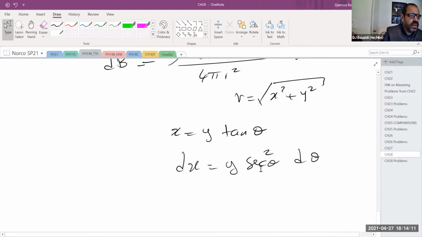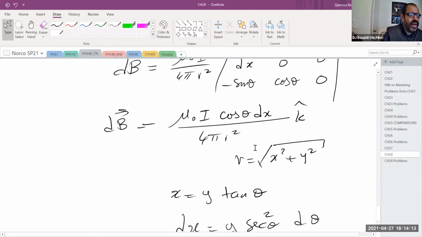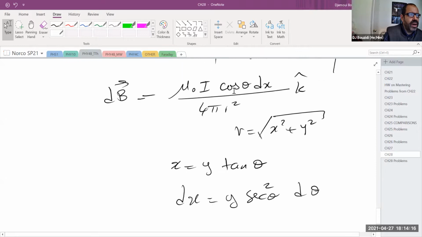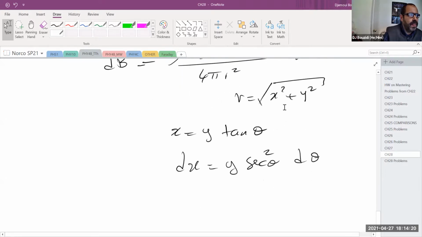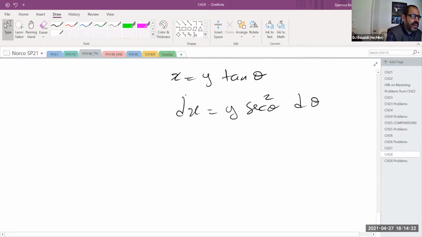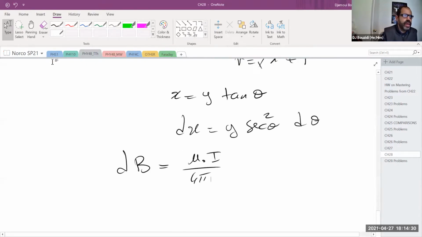So we have the dx, and it's y times secant squared. All I have to do now is play around with this r squared, and we should be there. So dB now, I'm going to take it only in magnitude, not in direction, is simply mu naught I over 4 pi times, and I need to worry about the integration limits.